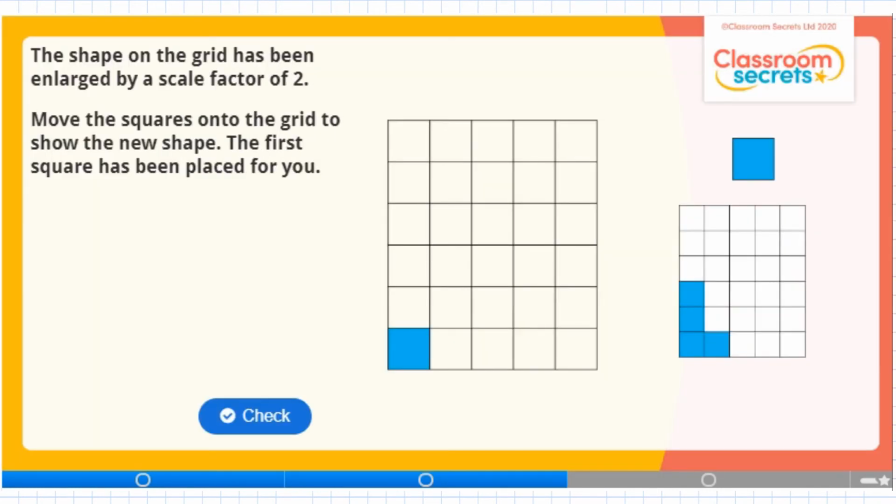The shape on the grid has been enlarged by a scale factor of 2. Move the squares onto the grid to show the new shape. The first square has been placed for you. So if you want to, you can pause the video here and sketch the new shape in your book. I'm just going to start by dragging the boxes across.